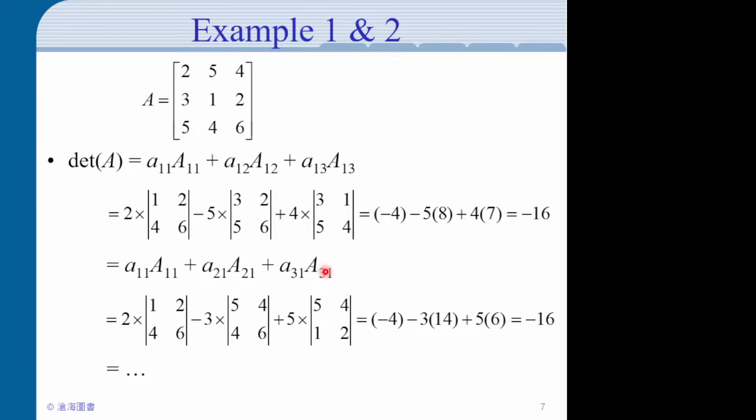And then you can calculate those determinants and get the result. And also you can expand on the first column, get the same result, etc.